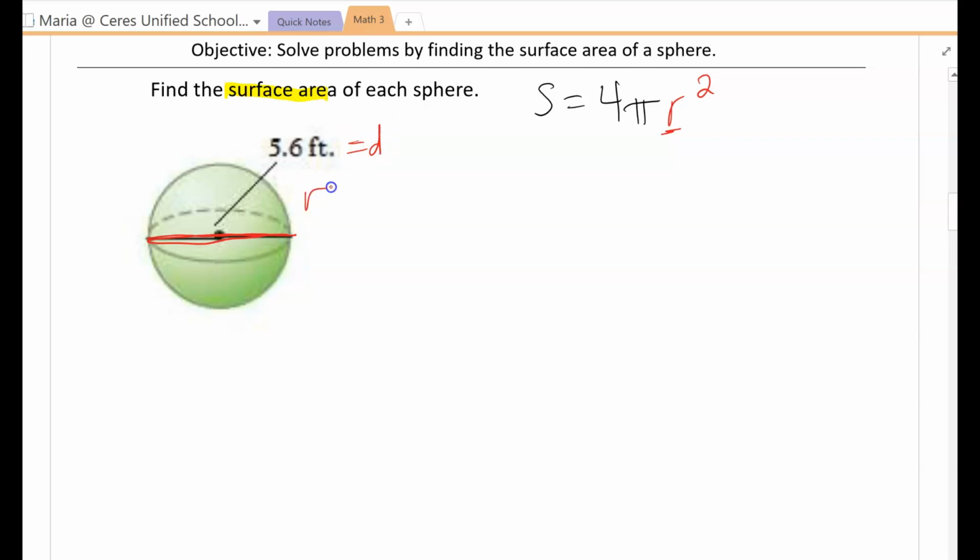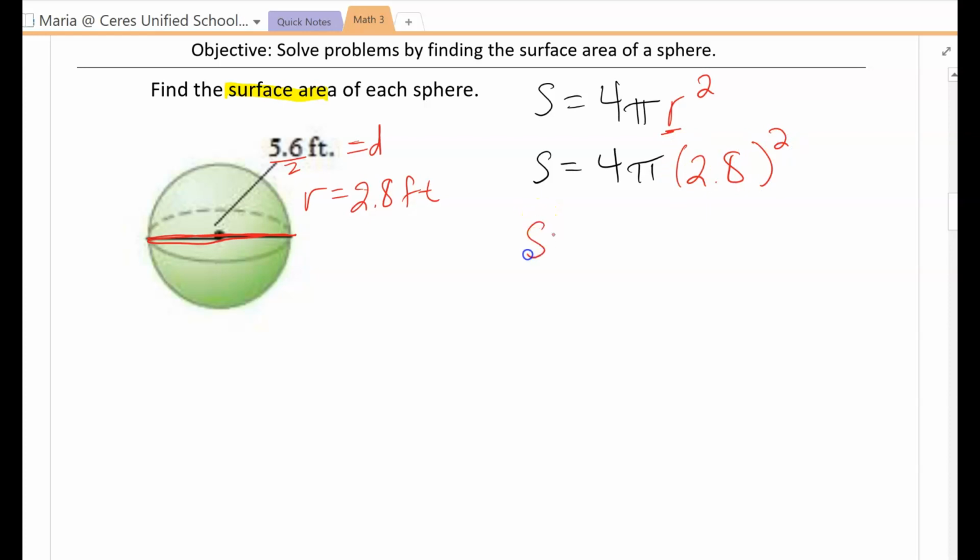To find the radius, divide by 2: 5.6 divided by 2 gives 2.8 feet. Now just plug it in: S equals 4 pi times 2.8 squared.